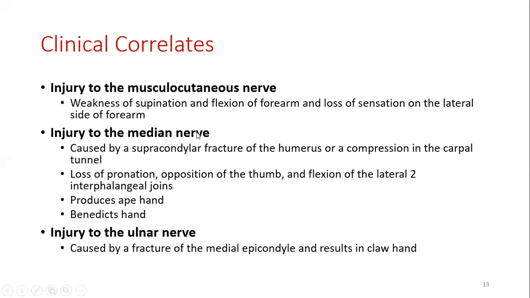But he wants you to know about the fracture of the medial epicondyle causing claw hand. So ulnar nerve damage, think claw hand, because you've lost the intrinsic muscles of the hand. And remember, the muscles in the hand are mostly innervated by ulnar nerve, except for the 1/2 loaf that's innervated by median nerve. 1/2 loaf stands for your first and second lumbricals, as well as the muscles of your thenar eminence, your OAF: opponens, abductor, and flexor pollicis.